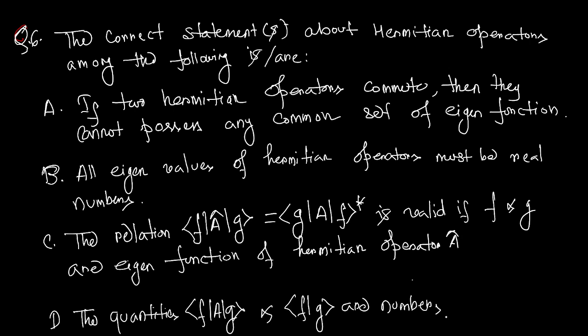These are the options, and the question is: which is a correct statement about a Hermitian operator? The first option says that if two Hermitian operators commute, then they cannot possess any common set of eigenfunctions. This is incorrect. If A and B are both Hermitian operators and they commute, then they can possess a common set of eigenfunctions.